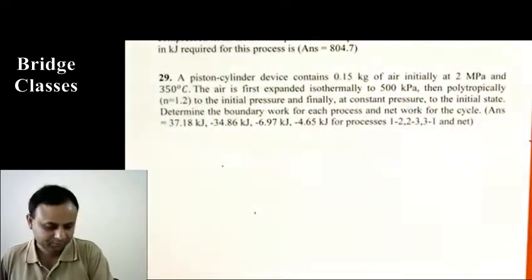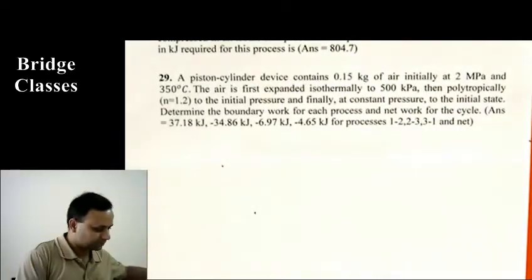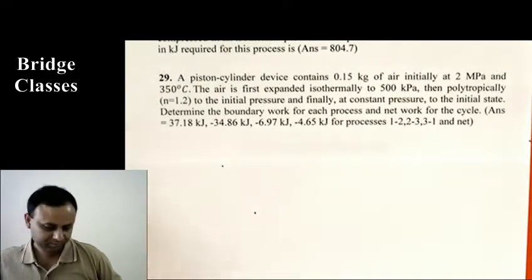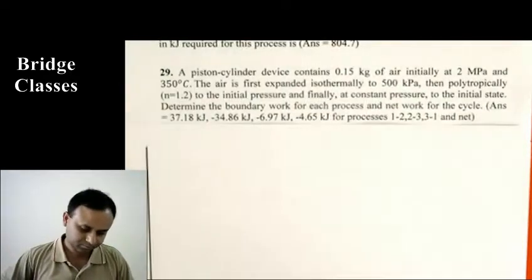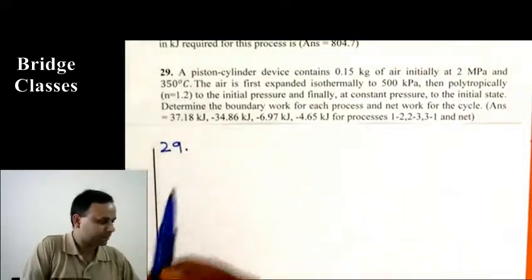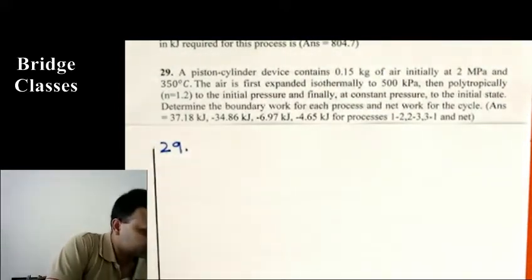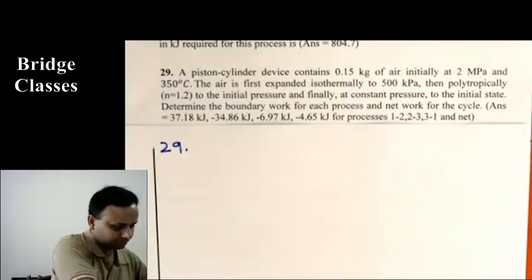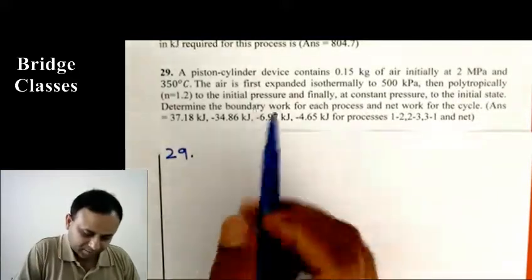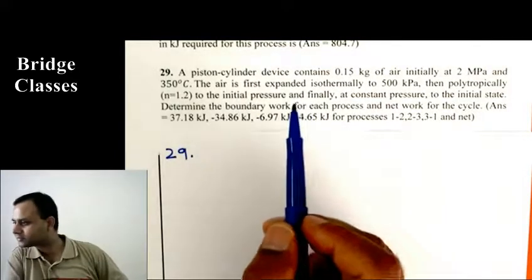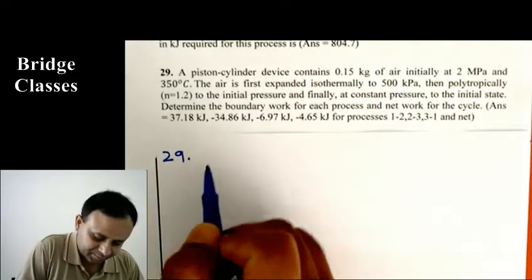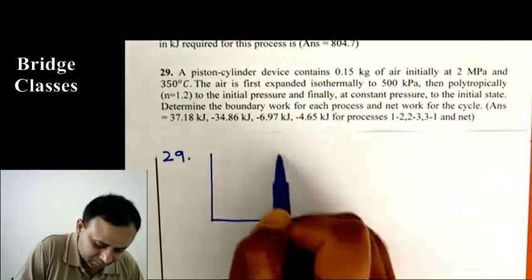Okay, let us look at 29. I'm going to do 4 or 5 more problems. It gives a piston cylinder device containing 0.15 kilogram of air initially at 2 megapascal.